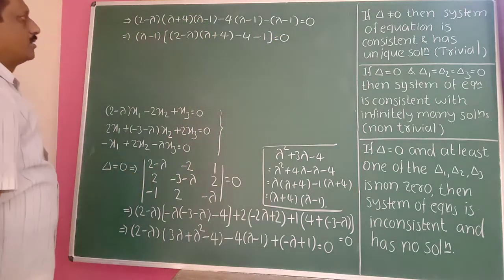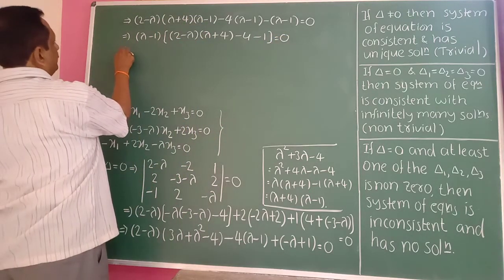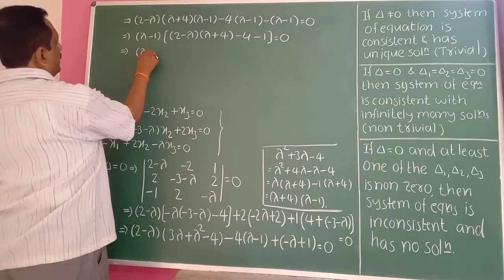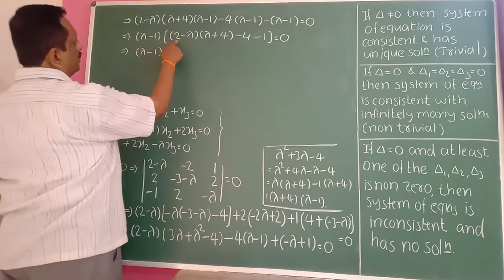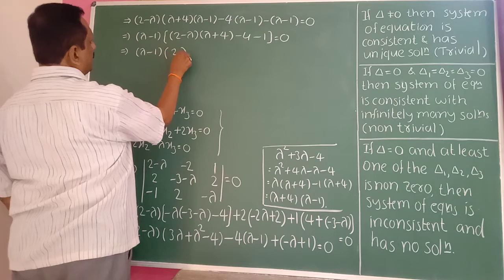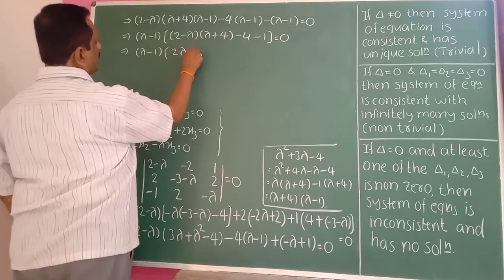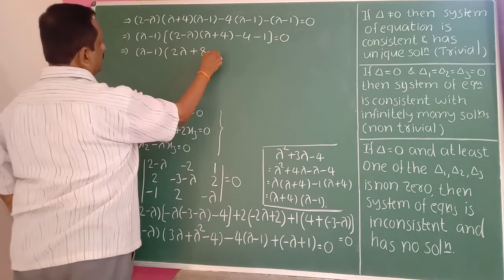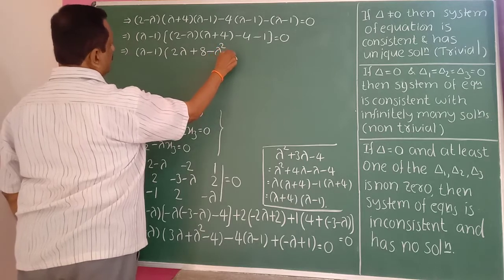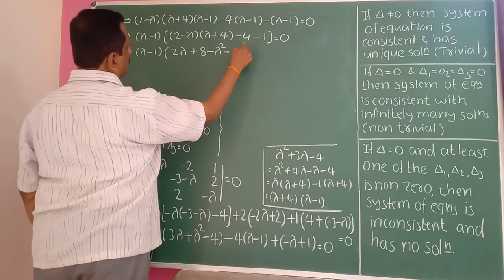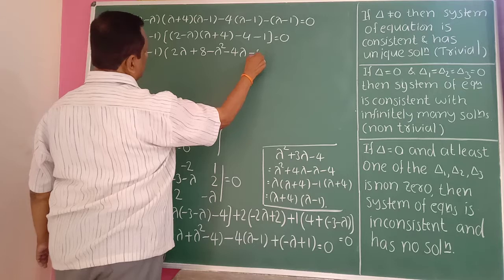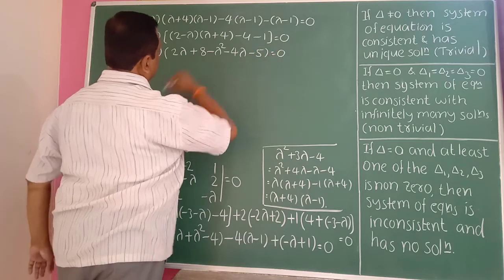Lambda minus 1 is the common factor. So this implies lambda minus 1 into bracket 2 into lambda becomes 2 lambda, 2 4s are 8, plus 8 minus of lambda square minus 4 lambda, minus 4 minus 1 gives minus 5 is equal to 0.